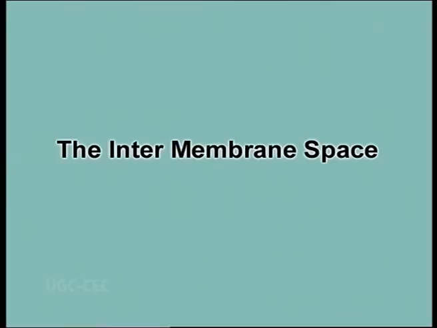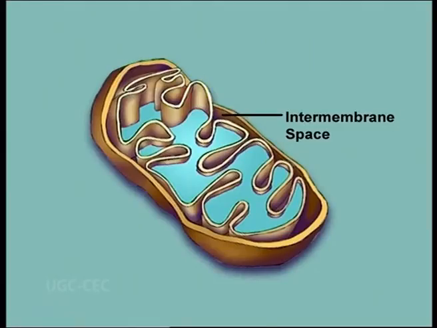The intermembrane space. The intermembrane space is the space between the outer membrane and the inner membrane. Because the outer membrane is freely permeable to ions and glucose, the concentration of these ions and glucose is similar to that of the cytoplasm in the intermembrane space.